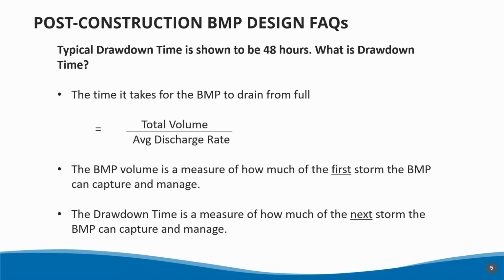This is important because your BMP volume is a measure of how much of the first storm the BMP can capture and manage, but the drawdown time is a measure of how much the next storm can capture and manage. So you want to make sure it is no more than 48 hours, so that it allows the water to either infiltrate if it has good soil, or have some type of bypass system so that subsequent storms don't create a ponding or flooding issue.